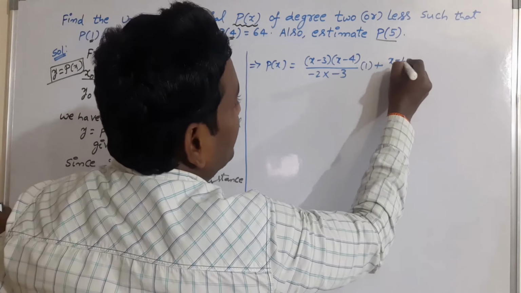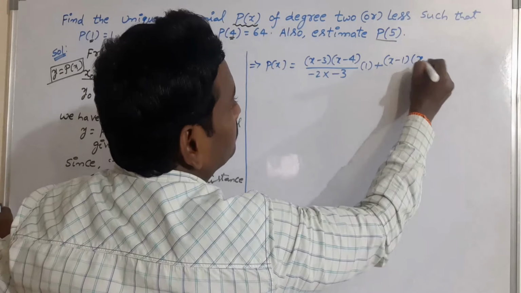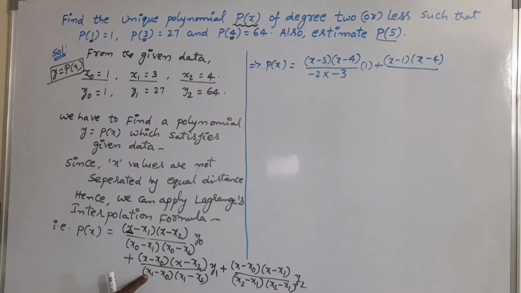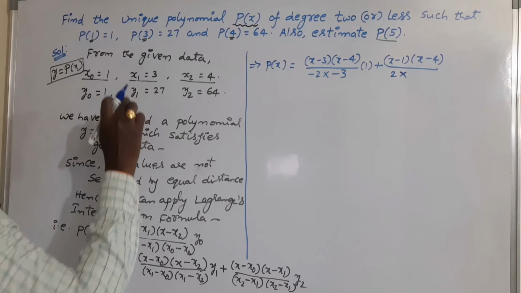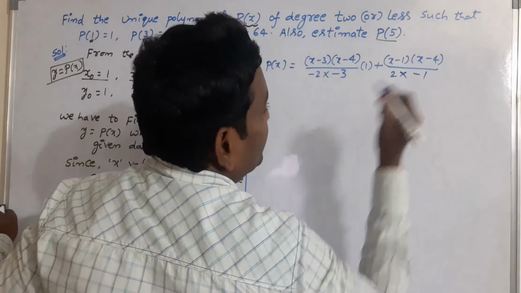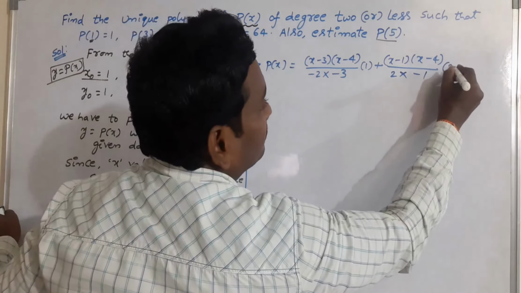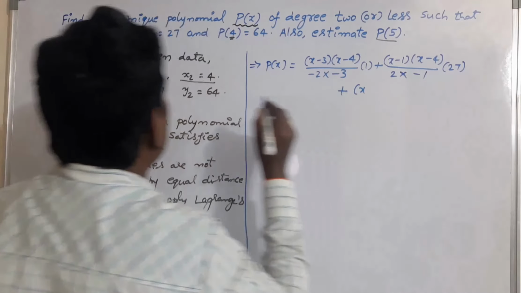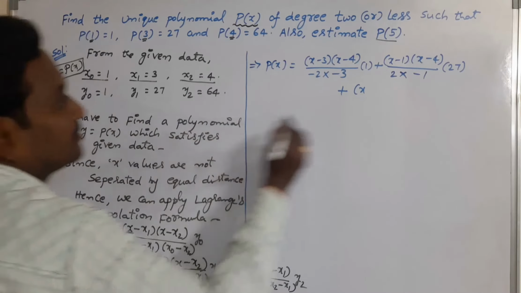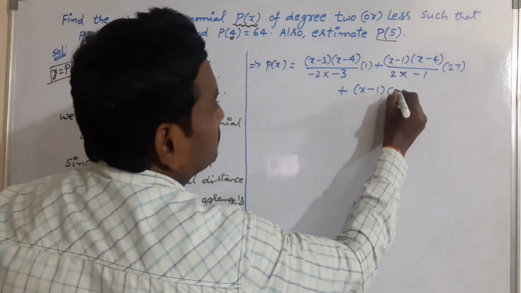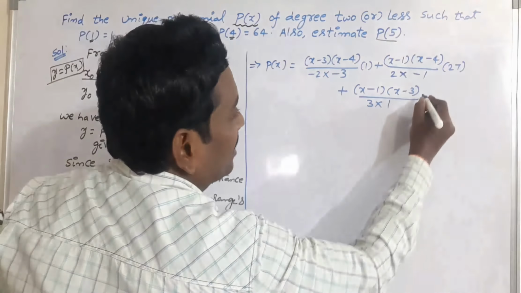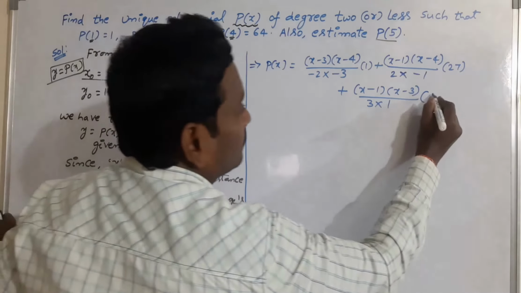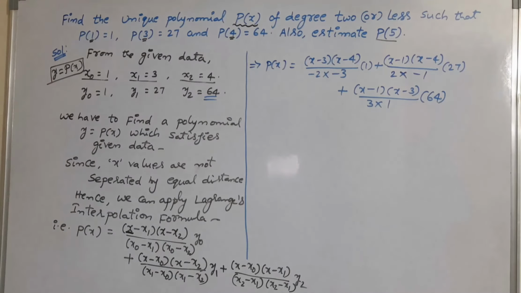So you will get x minus 1 into x minus 4 by x1 minus x naught. x1 is nothing but 3, 3 minus 1, which is 2, times 3 minus 4, which is negative 1, into y1, which is 27, plus x minus, now close the term x2, x minus x naught, which is 1, x minus 3 now, and subtract the remaining 2 x values with 4, which is x2. 4 minus 1, 3, into 4 minus 3, 1, into, what is the y2 value? 64. Now we have to simplify this term for getting the polynomial.